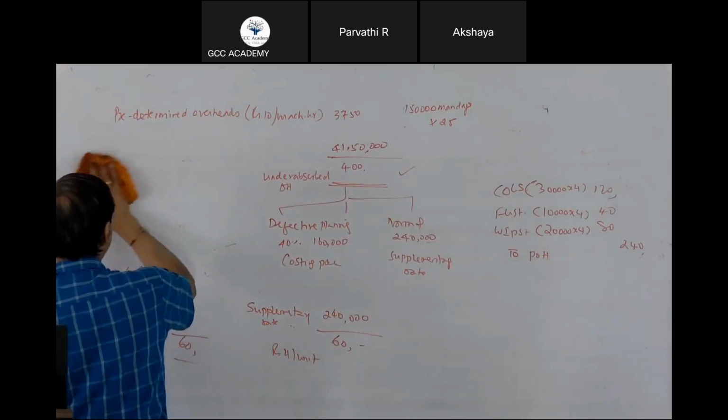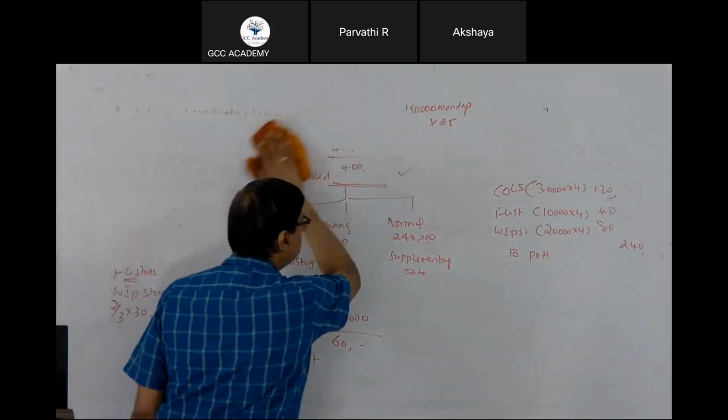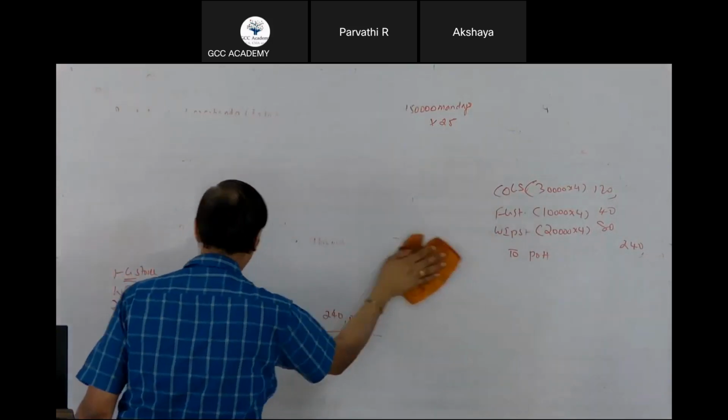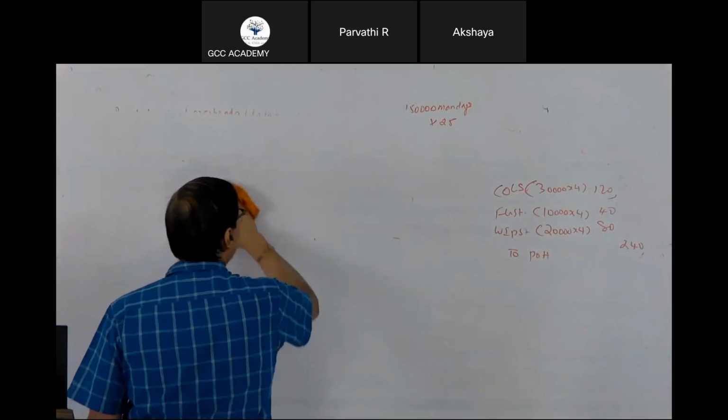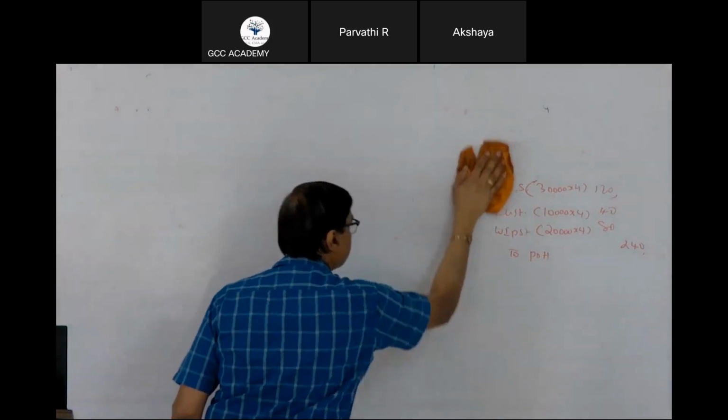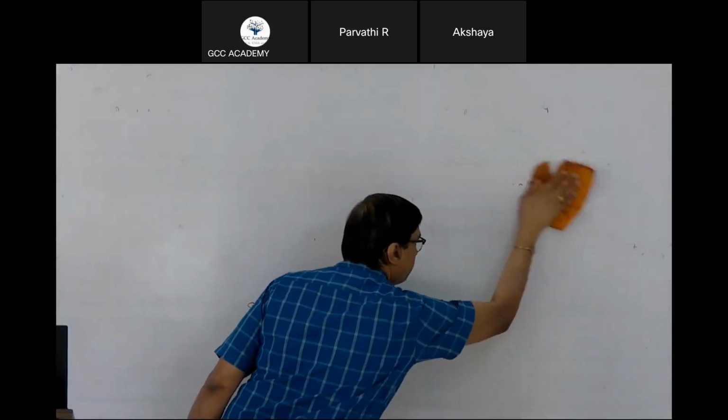So how do you classify overheads based on behavior? Any idea?